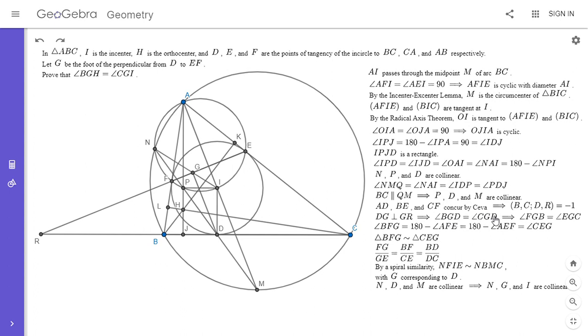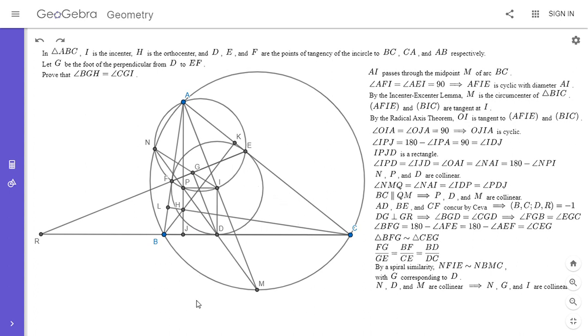That's right here. So angle BGD is equal to angle CGD. So solving the problem is equivalent to showing that angle HGD is equal to angle IGD. If we extended GH and GI to meet BC at two points, then we'd want to show that we have another harmonic conjugation.